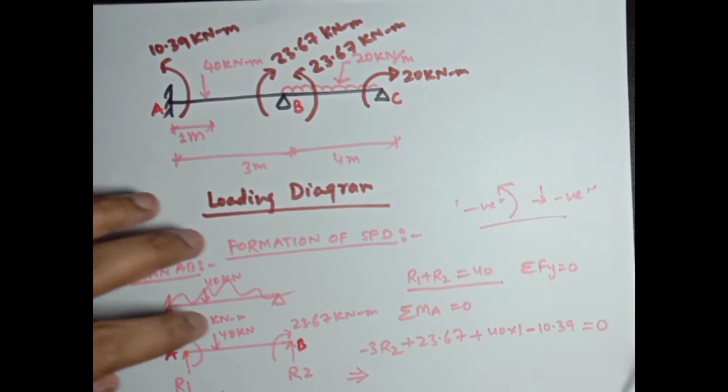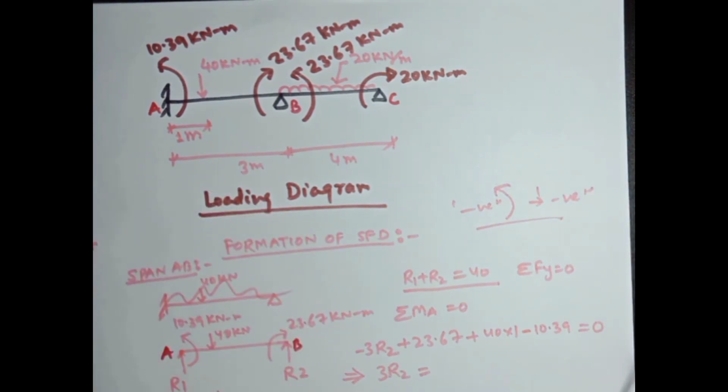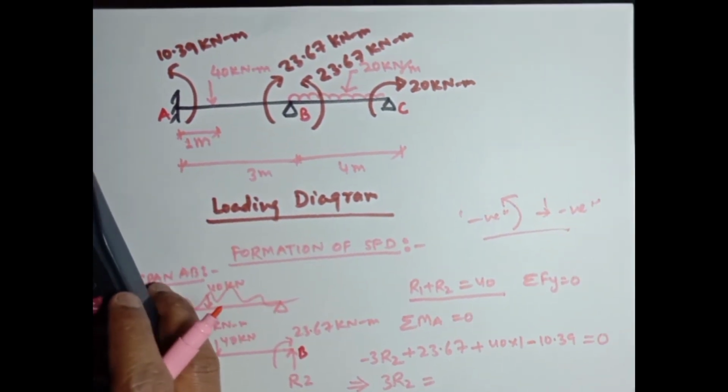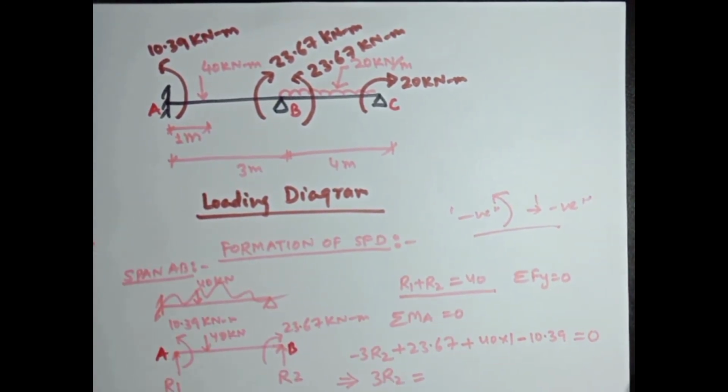Therefore 3R2 will be 23.67 plus 40 minus 10.39.